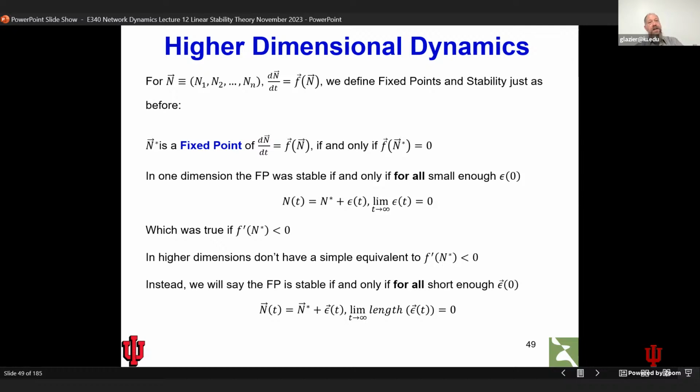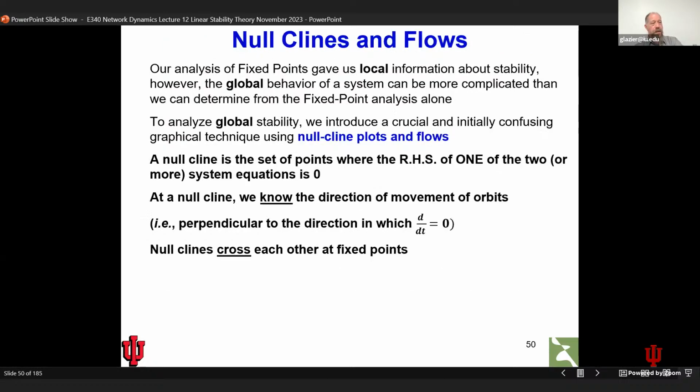Here, epsilon is a vector, and so it could be changing both its length and its direction. And for stability, we need its length to be decreasing. And so we'll come back next time to understanding what that is.